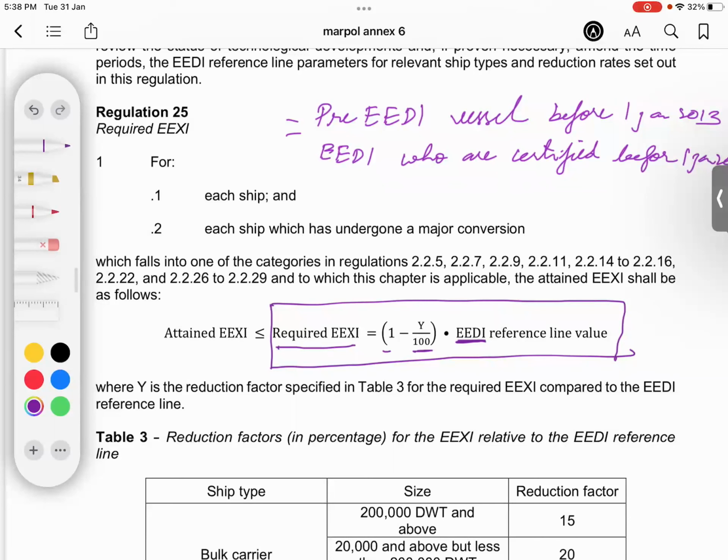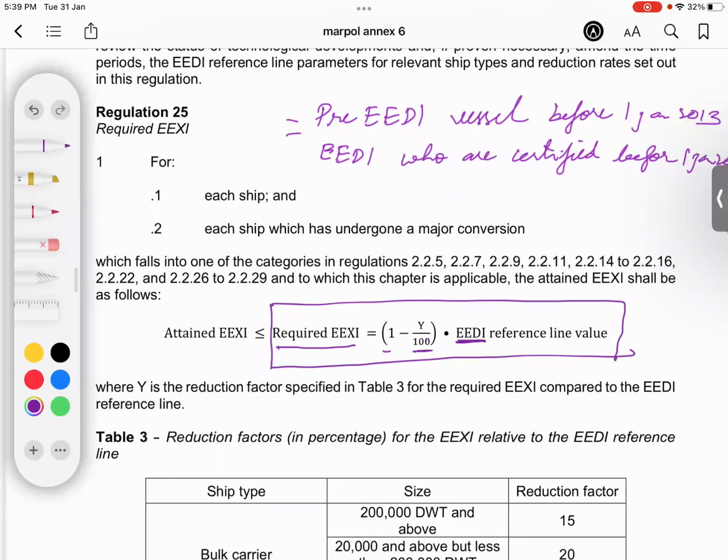Anybody please let me know. Sir, the type of the vessel they have already mentioned in the reference line. So they are using that same graph which we saw, the same data. So the reference line will be taken only as a reference. So 1 minus y by 100 into the EEDI reference line value.